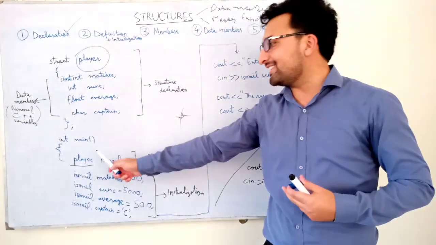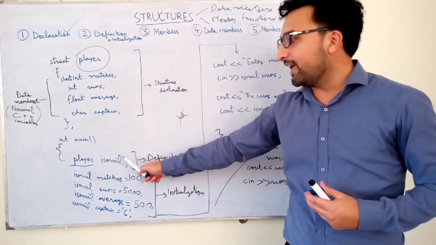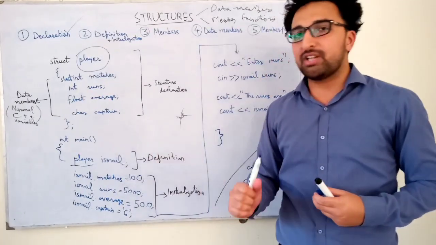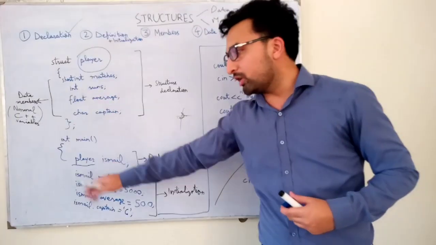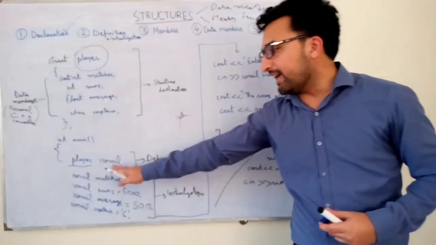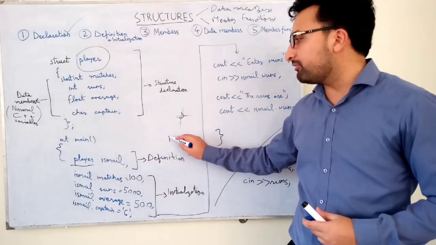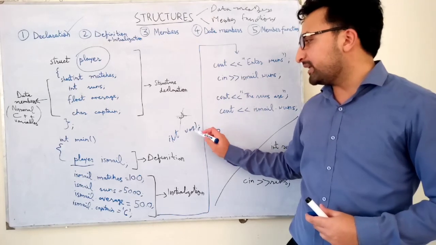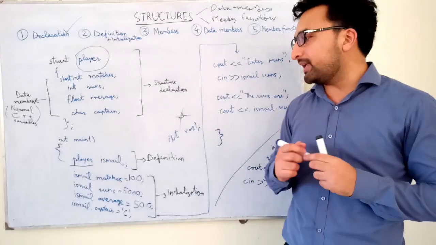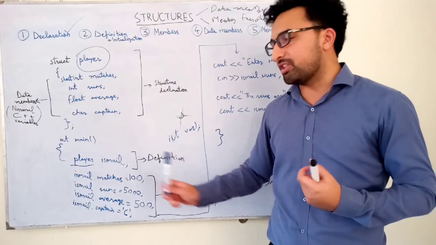The structure is named player here, and the instance of that structure is Ismail. It can be any name written here, just like we have int var1, var2. This is basically how we define our simple variables, and this is how we define our structures.